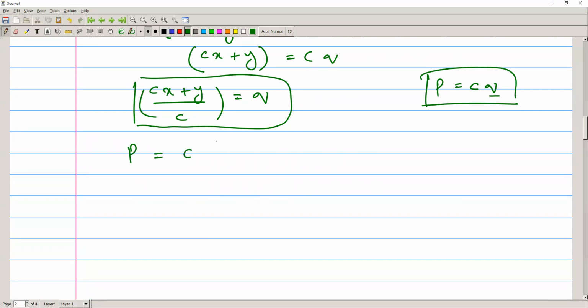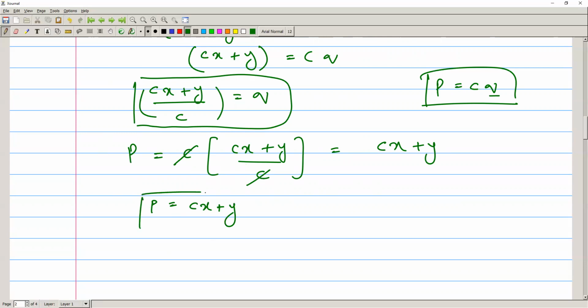So it will be c times (cx plus y) over c. C and c will cancel out, so we're left with cx plus y. So now p is equal to cx plus y, and q is equal to (cx plus y) over c.